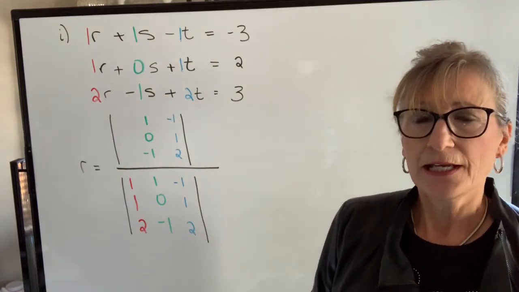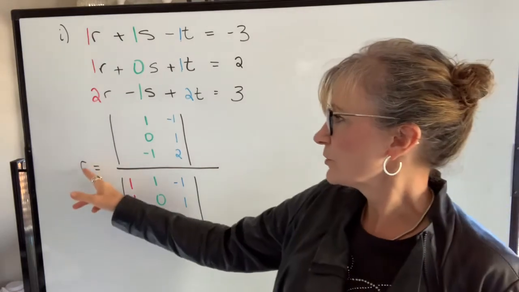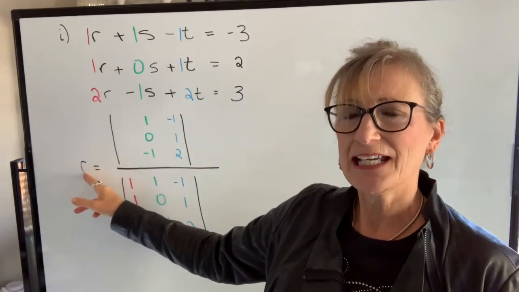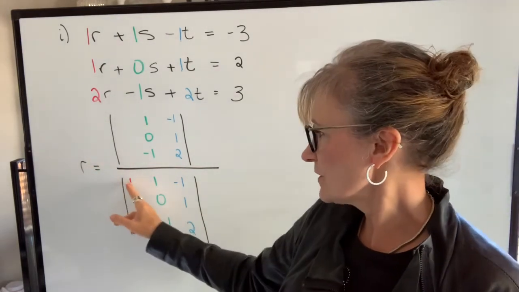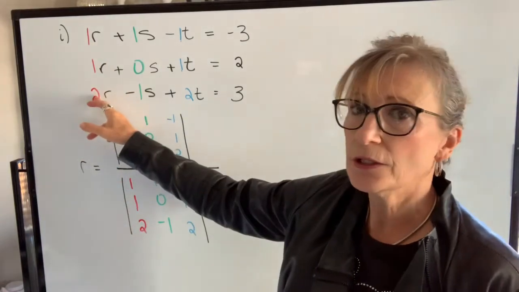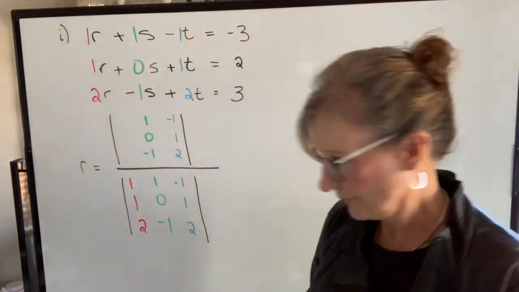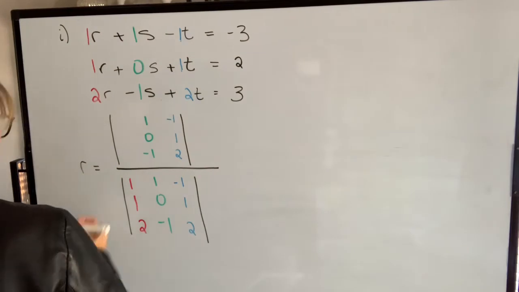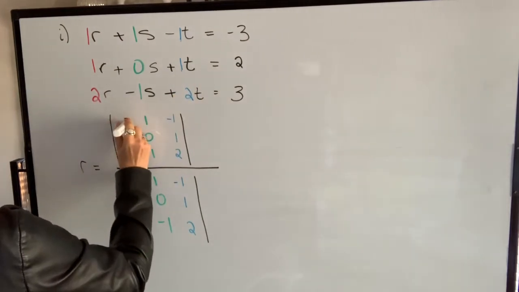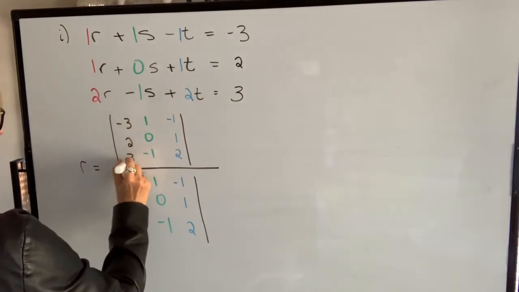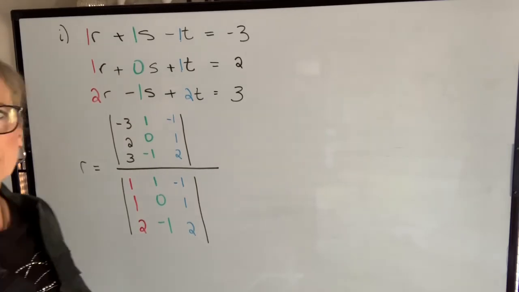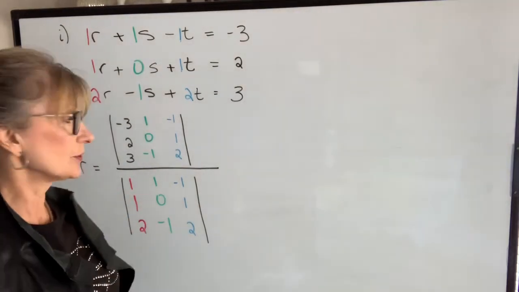Then the numerator for the solution for R will be the same determinant except we replace the coefficients for R, which is 1, 1, 2, with the constants. So -3, 2, 3.